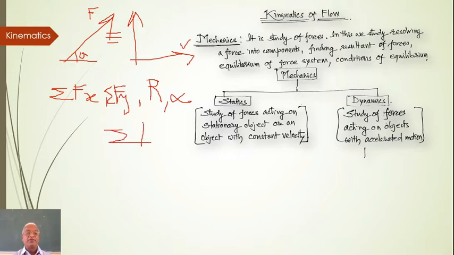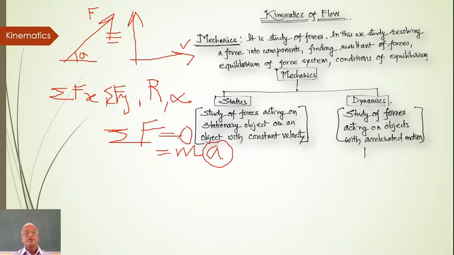If sigma F on a particular object is equal to 0, that is to say the resultant is 0, but this is equal to the force equal to mass into acceleration. So that is equal to 0. Because m is not equal to 0, obviously a is equal to 0.